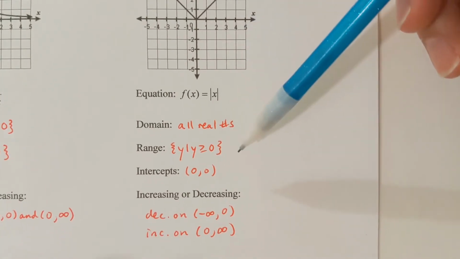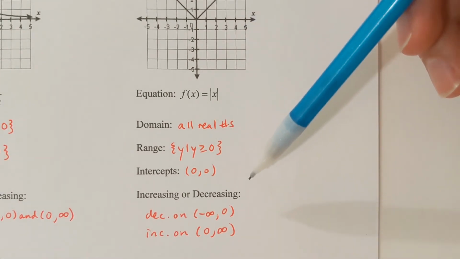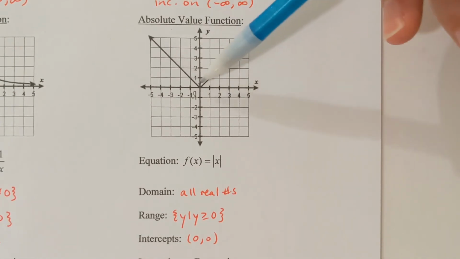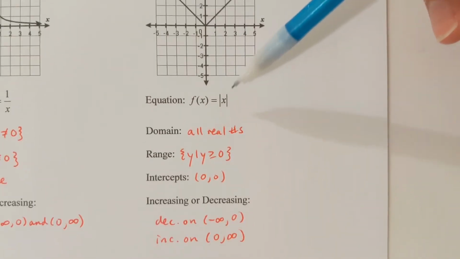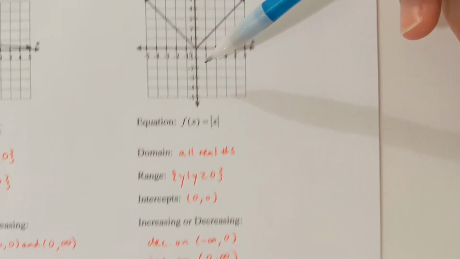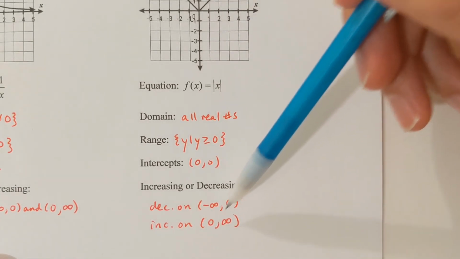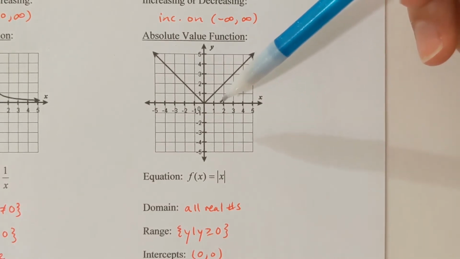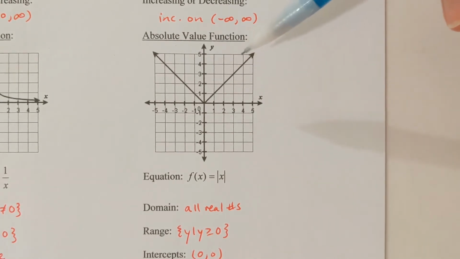And it looks like we're decreasing on the interval negative infinity to 0, and then we're increasing on the interval 0 to infinity. Again, make sure that you're not including 0 as an interval endpoint.